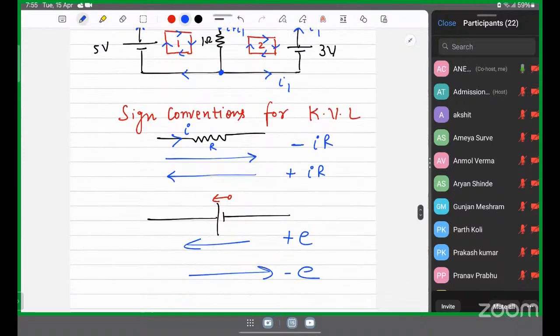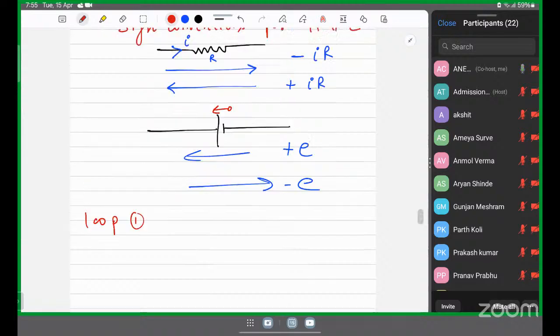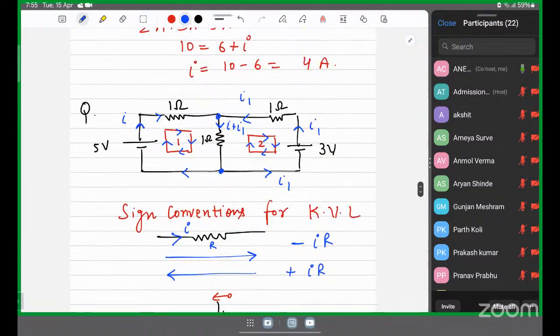So let's say we are talking about loop 1. In loop 1, we have current in the resistor and conventional direction of current in the same direction. They both are going in the same direction.